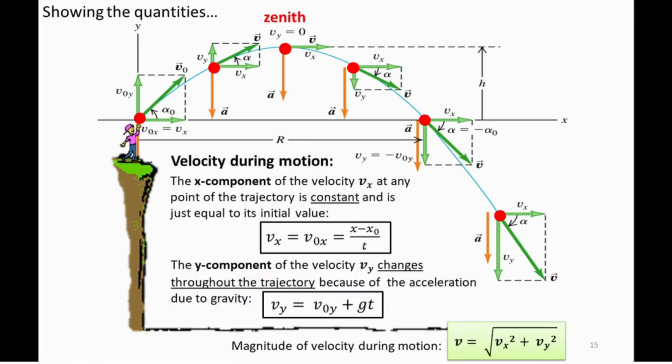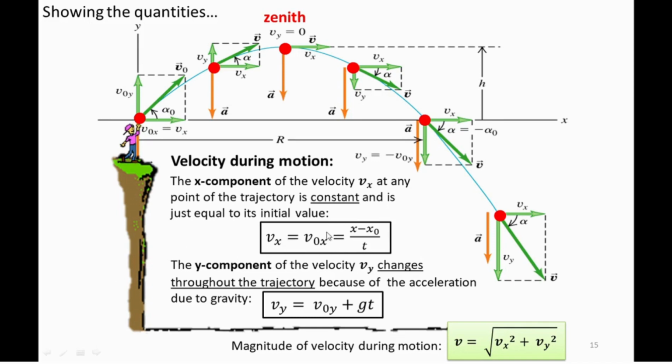Now, how about the velocity at any given time during the motion? We usually refer to this as the final velocity. In this slide, you can see that the x component of the final velocity is easier to calculate compared to the y component of the final velocity. When calculating the x component of the final velocity, all we have to remember is that it is just equal to the x component of the initial velocity, for the reason that the acceleration along the x is equal to 0.